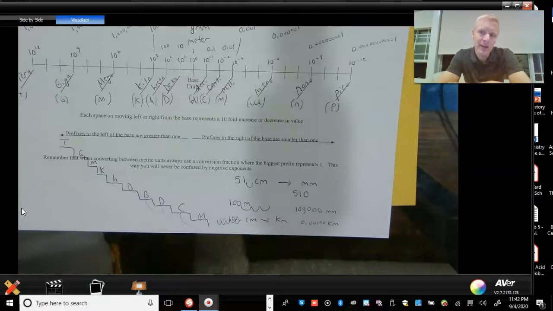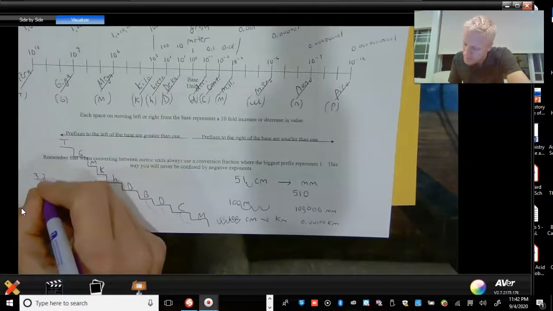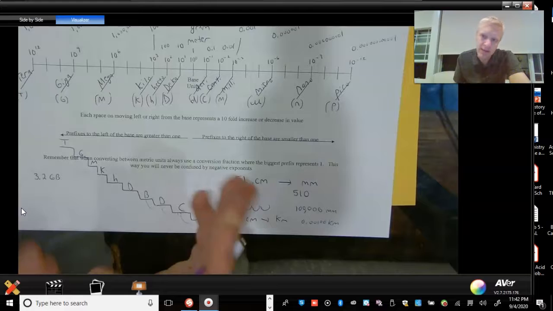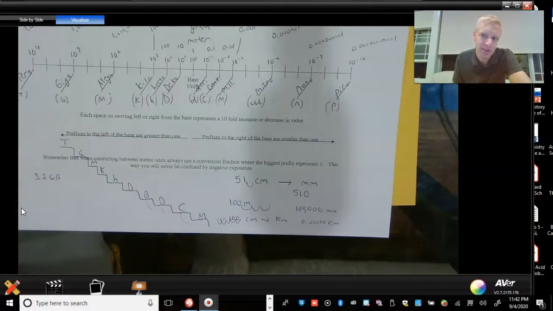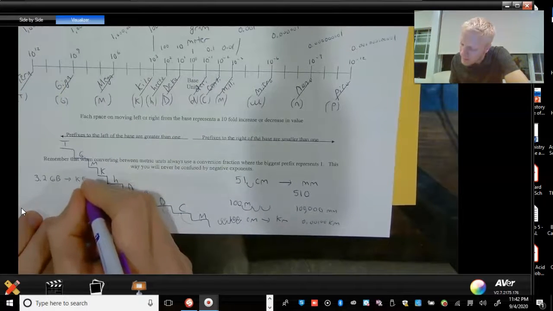So why don't we try to figure out, let's say you got a 3.2 gigabyte DVD storage disk. And for some reason your computer's only showing your files in kilobytes. It's like, oh man, kilobytes. I don't know what that is. Okay, so I'm going to convert it to kilobyte.